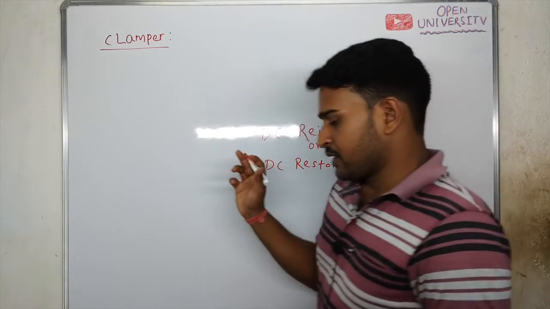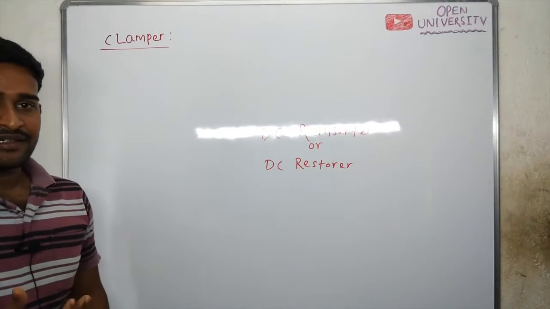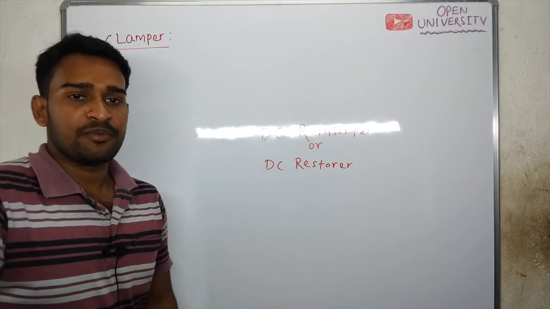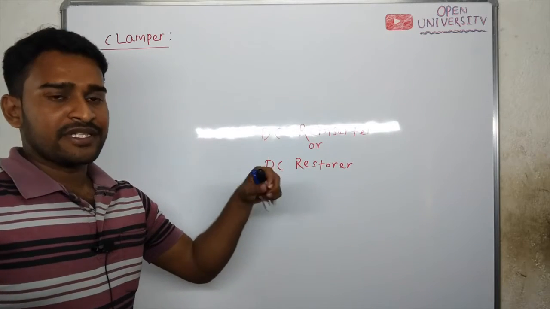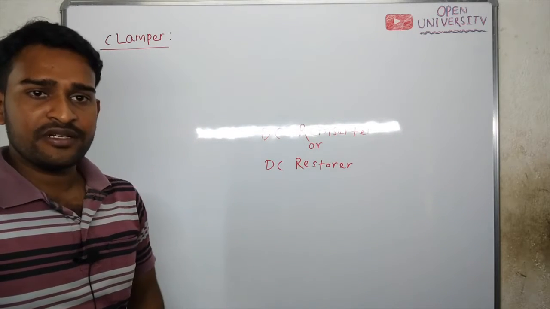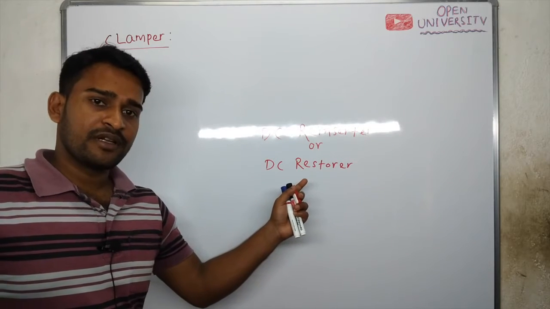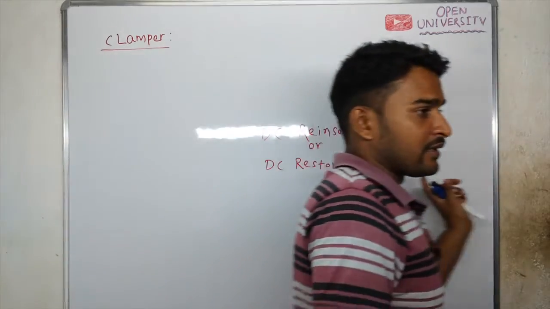Because it can reinsert the DC component of a signal which has lost its DC component during signal processing. During some signal operation, if a signal has lost its DC component, then it can again reinsert the DC component by passing the signal through a clamper.